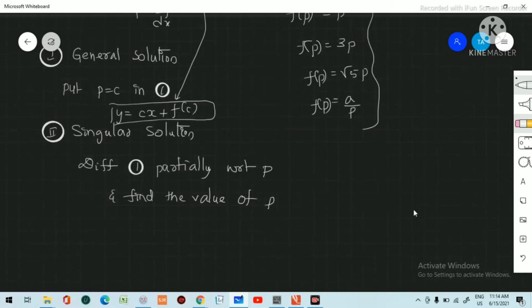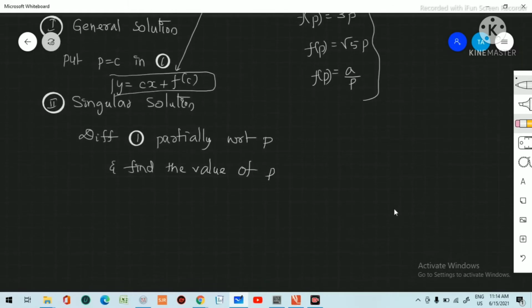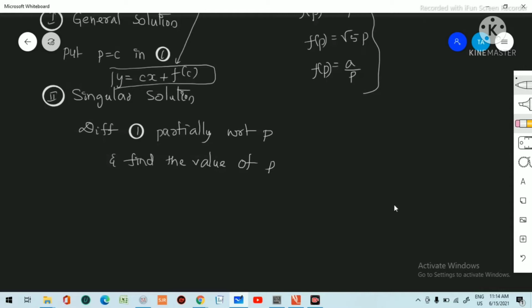What am I saying in the second part? Differentiate one partially with respect to p and find the value of p. That means I'll get some value of p there. After getting the value of p, call this equation number 2.